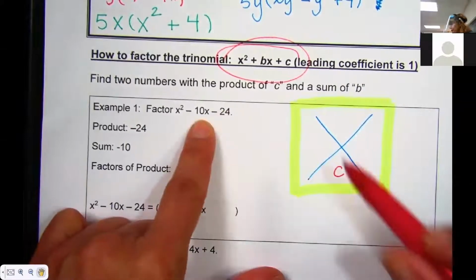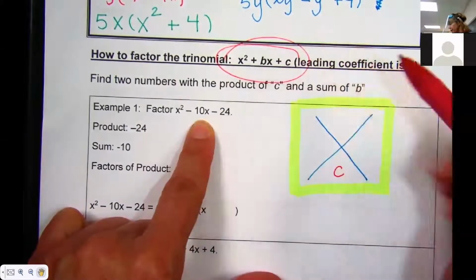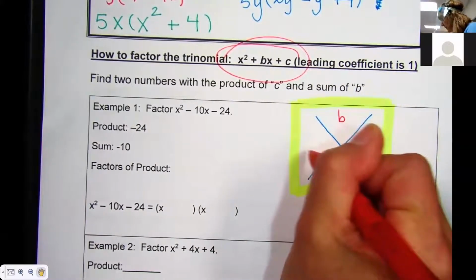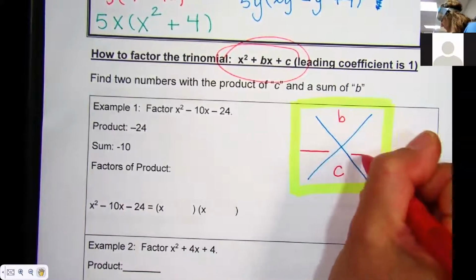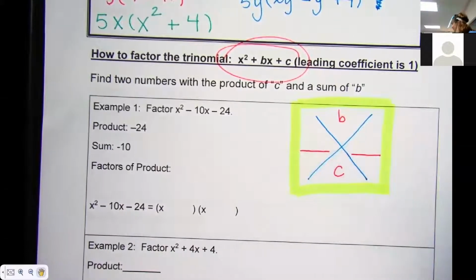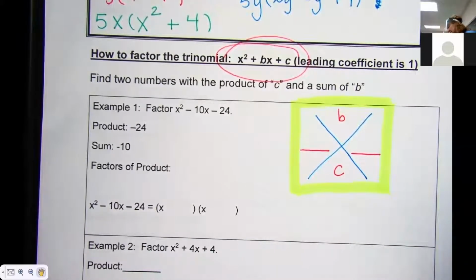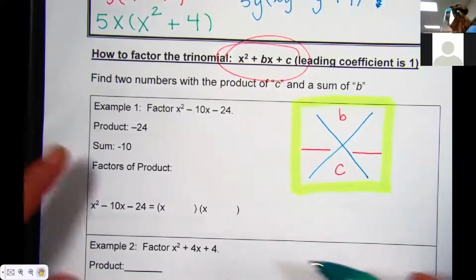The middle number, the -10, that's our B value. That's going to go at the top. It's always like this. And then these two side numbers are the answers. It's always like this, y'all. For me, this is the fastest way to do it. So hopefully you guys will be able to run with it.